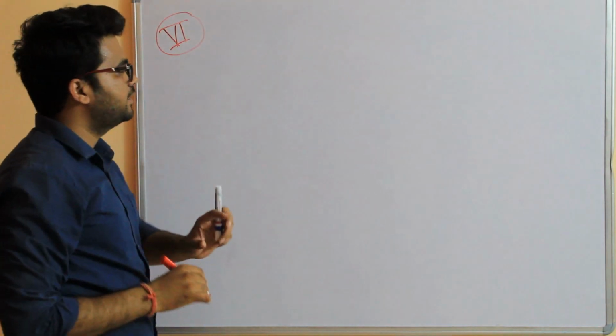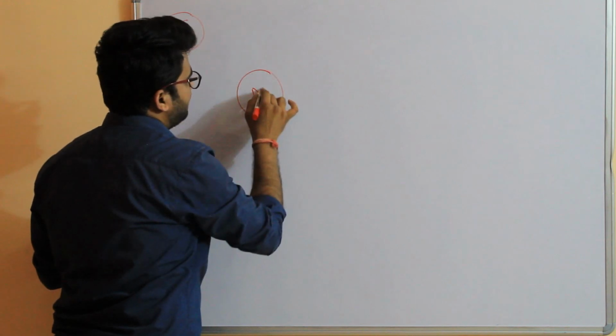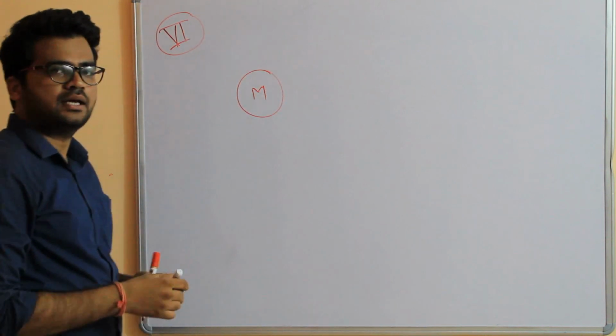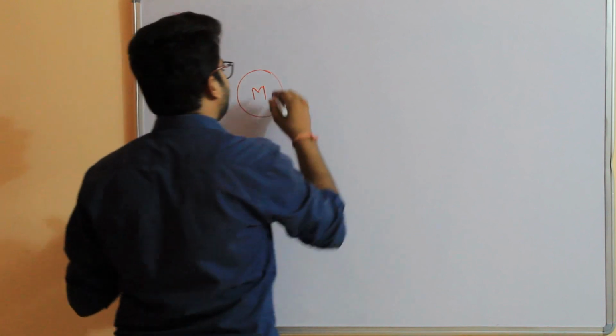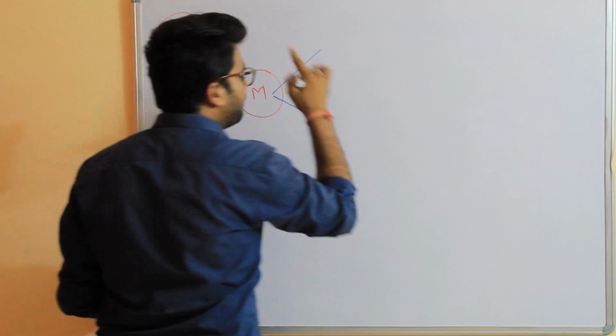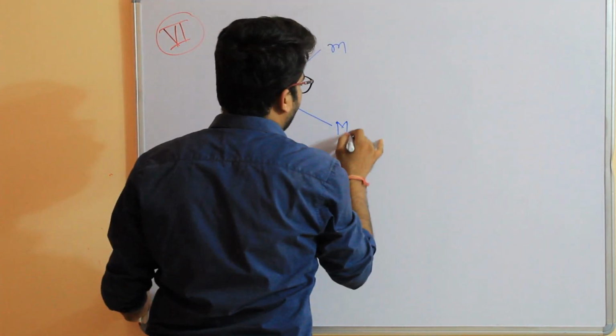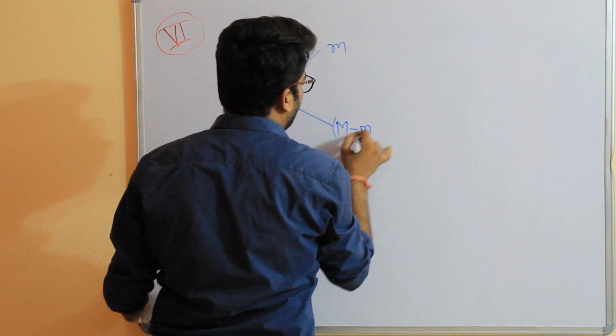Let us suppose we have the capital M mass, and we have to split this capital M mass into two segments. Let us suppose small m and capital M minus small m.